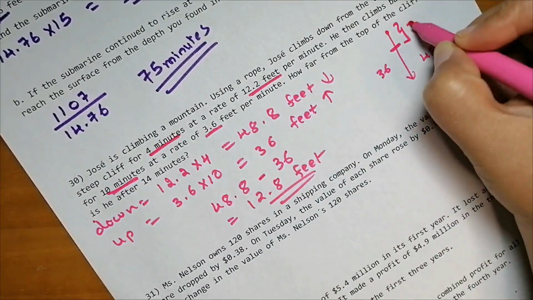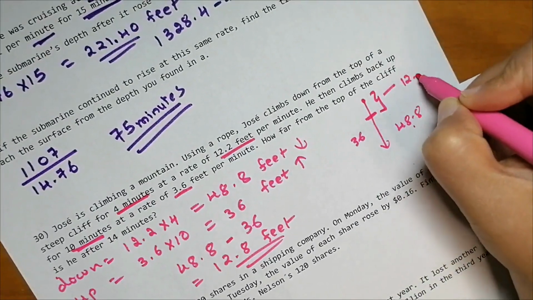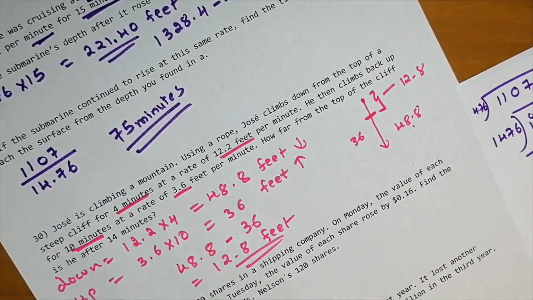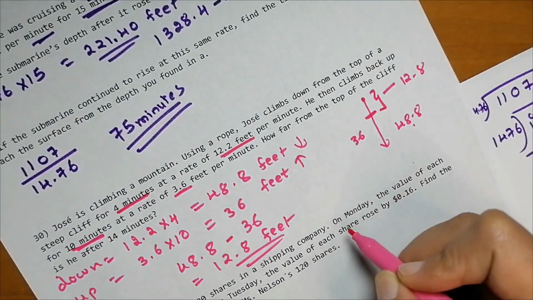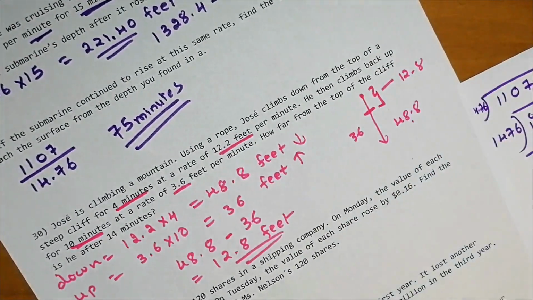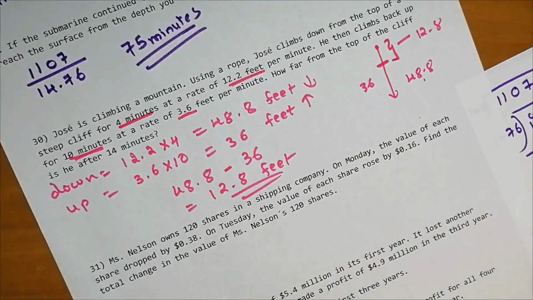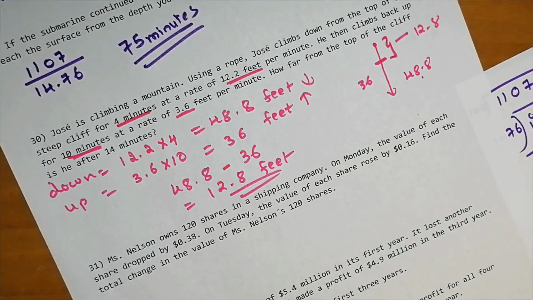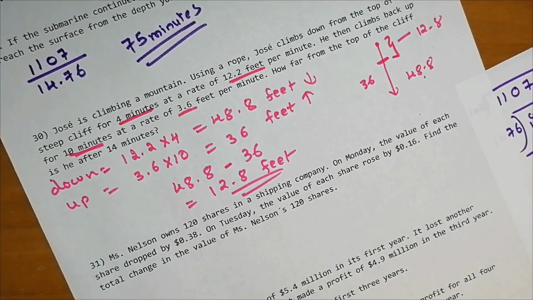Okay, so this distance is basically 12.8 here. Okay, simple. This helps, right? Okay, so always do that. Do things that help you, that make your work easier. Okay, and we just have 2 more questions to solve and then we are done with this chapter.